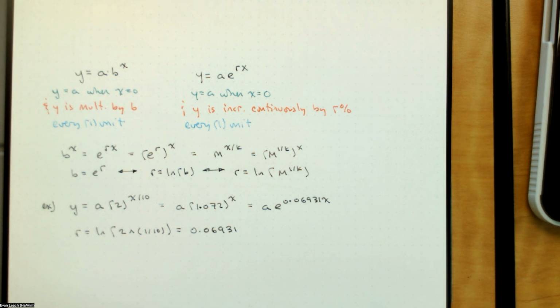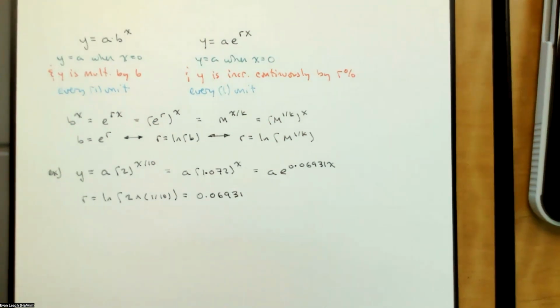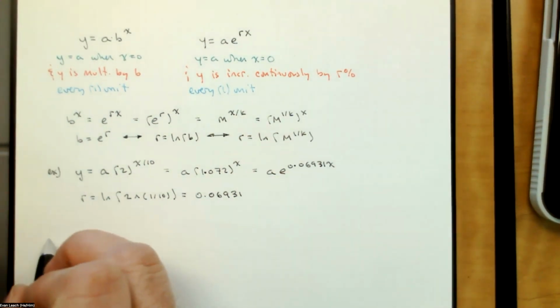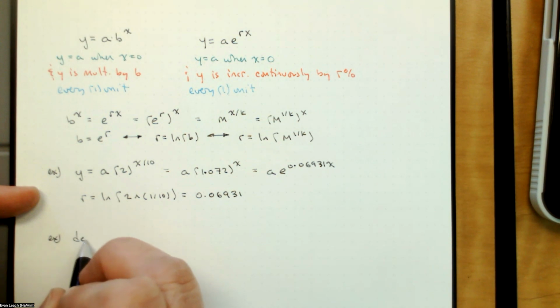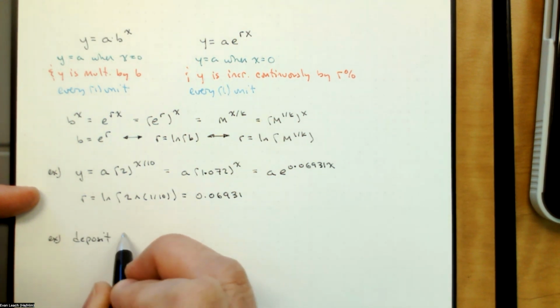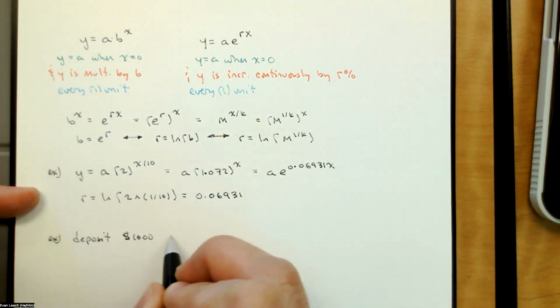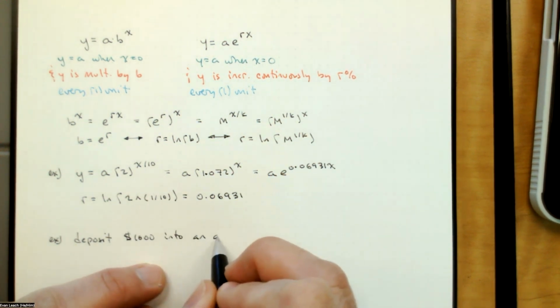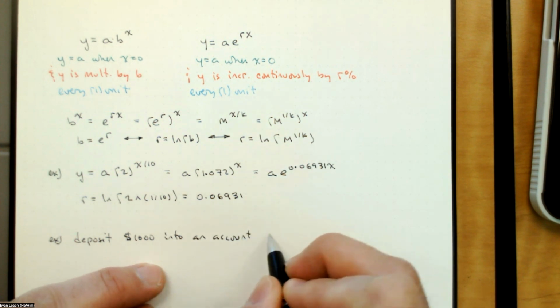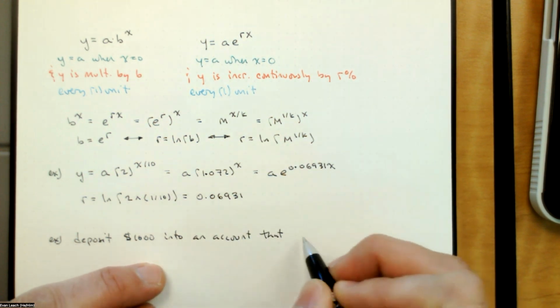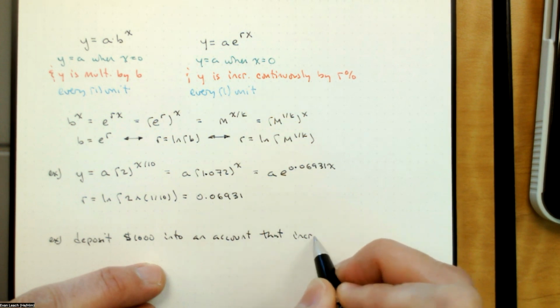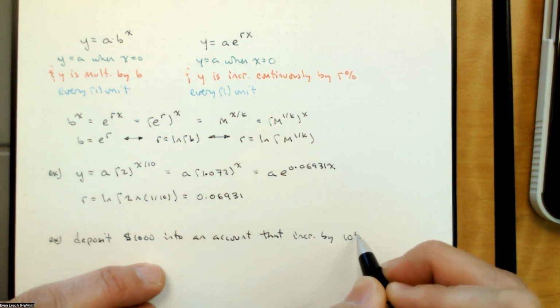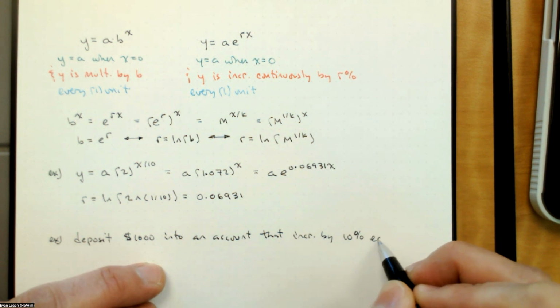So yesterday we looked at an example where we deposit, let's say, $1,000 into an account that increases by 10% each year.